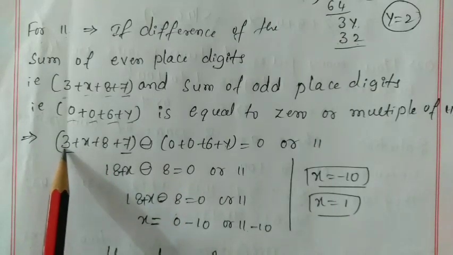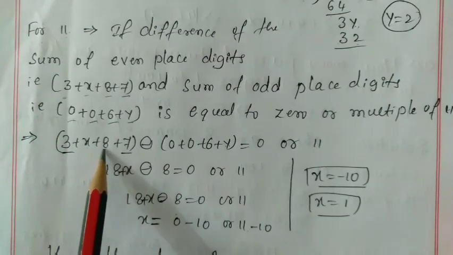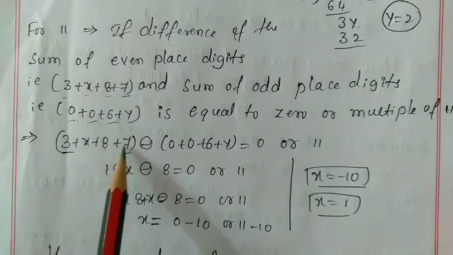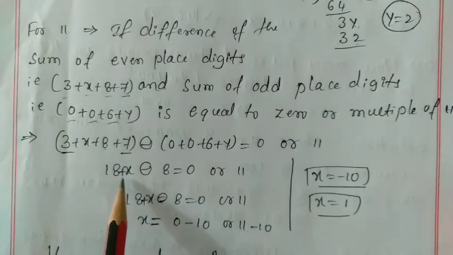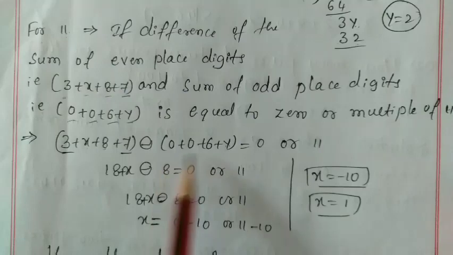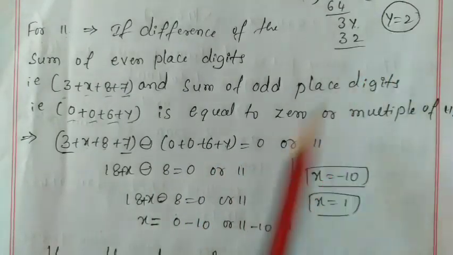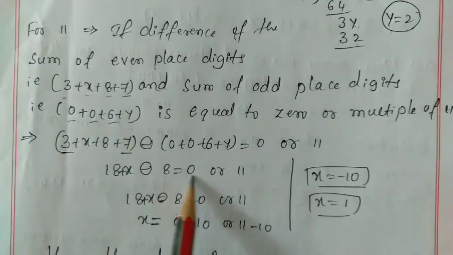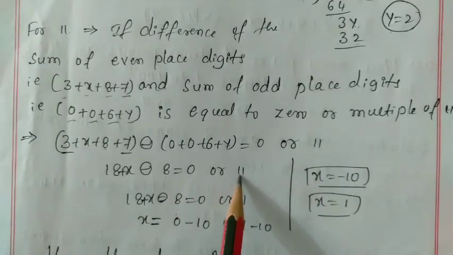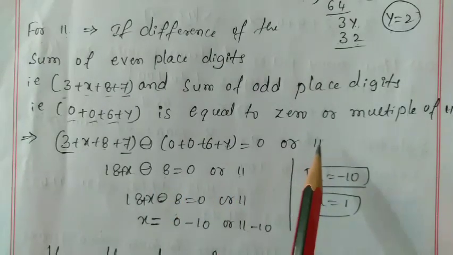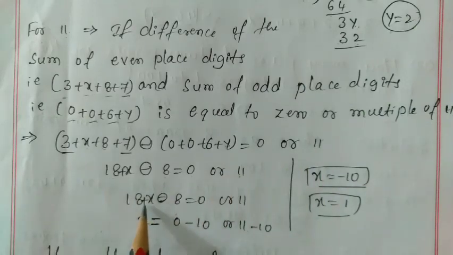So 3 plus 8 is 11, 11 plus 7 is 18, 18 plus x, minus 6 plus 2, because the y value we already got is 2. 6 plus 2 is 8, which equals 0, or you can write 11, because this is the divisibility rule. 18 plus x minus 8 equals 0. So 18 minus 8, its value is 10.